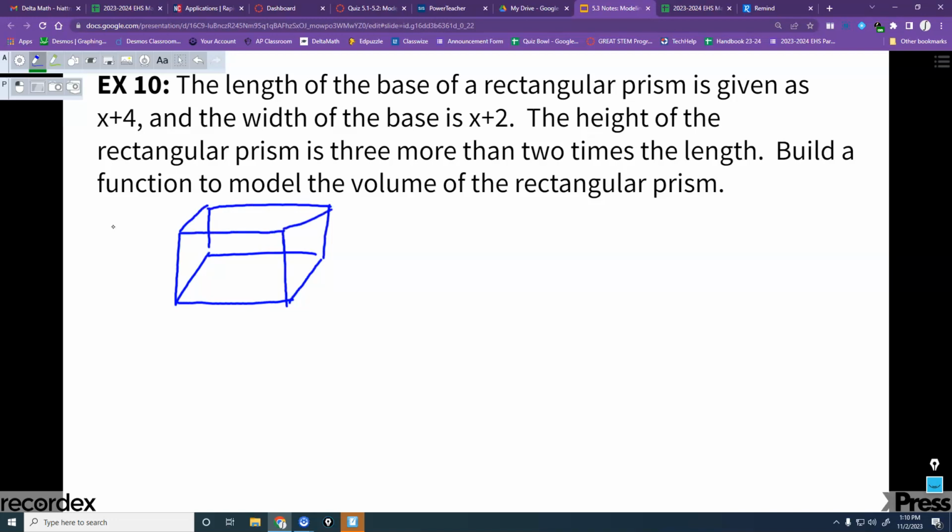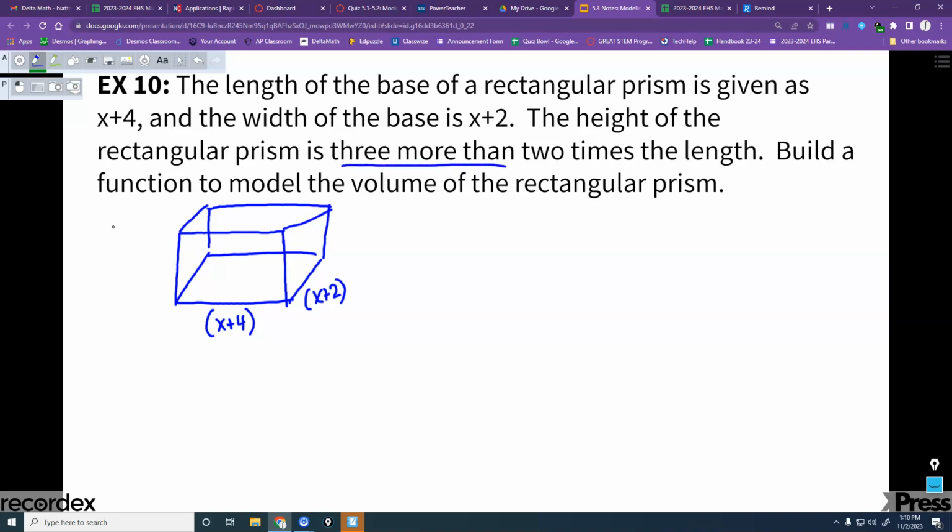Like this. Well, it's a bad box, but you guys get the idea. The length is x plus 4. The width is x plus 2. And then they give us the height.